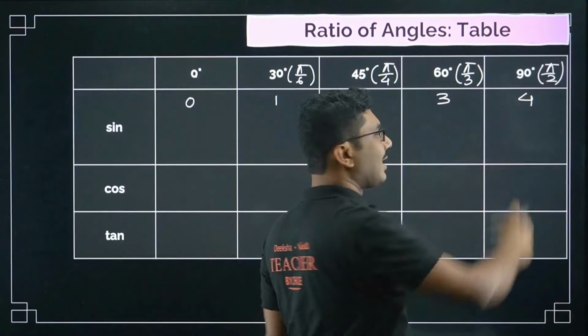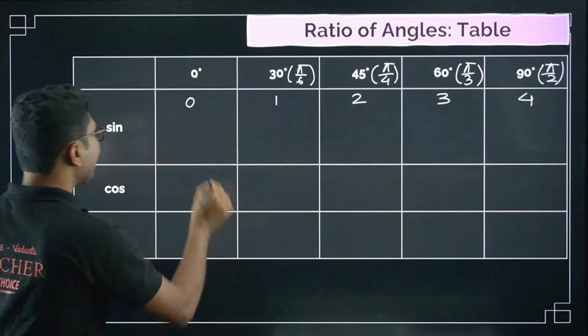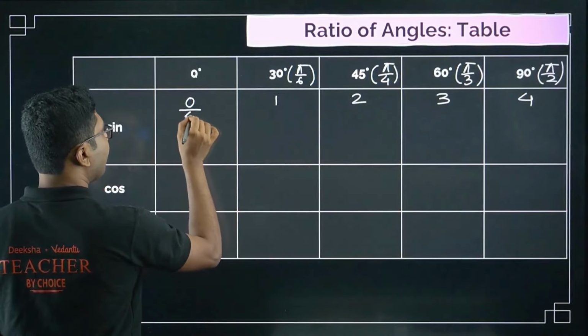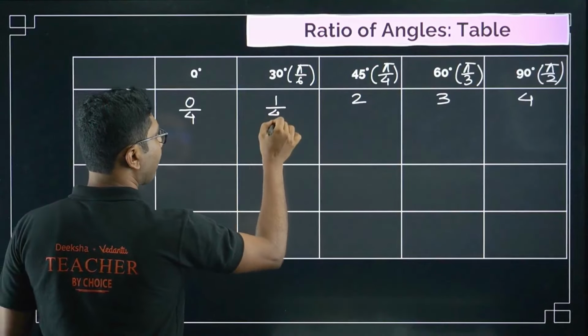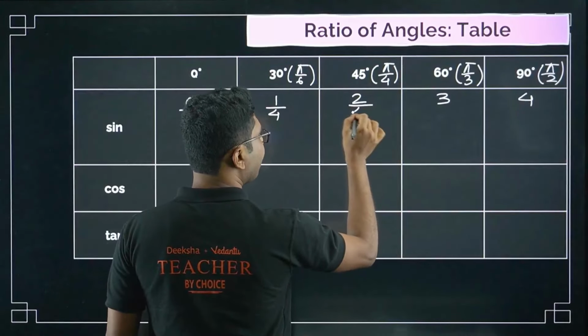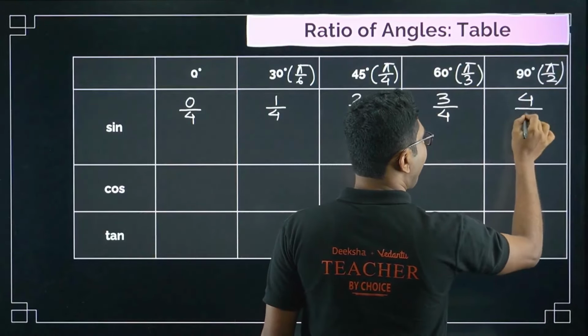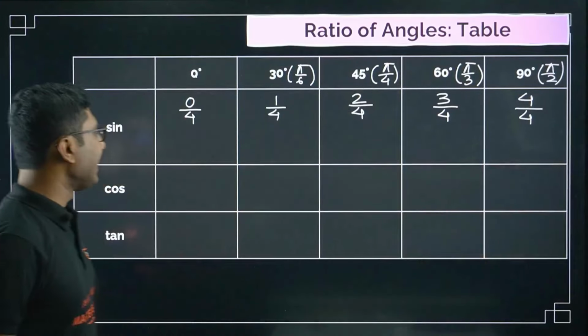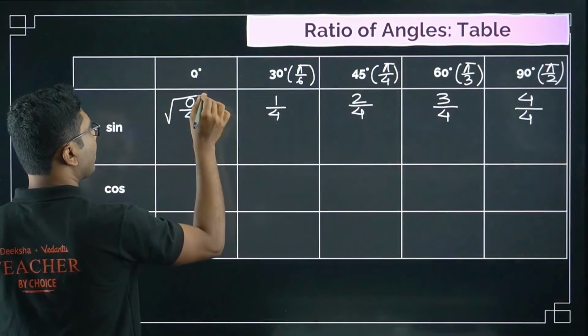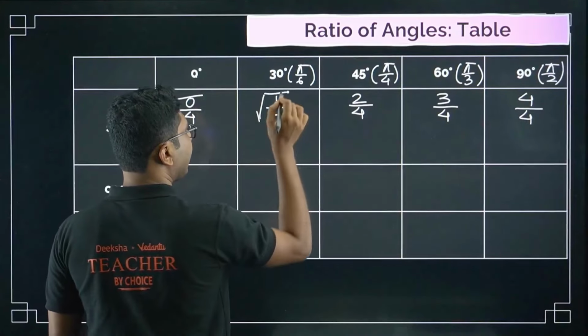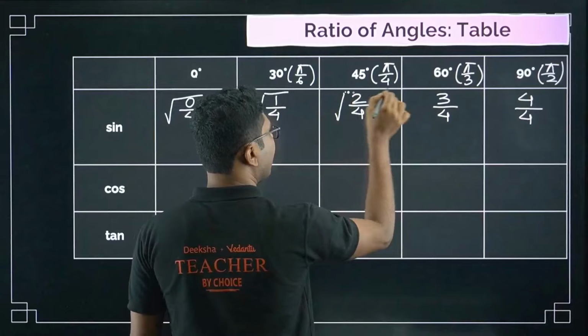What is the last number? The last number is 4. So what we will do is divide everything by this last number. And then we will take the square root of everything.